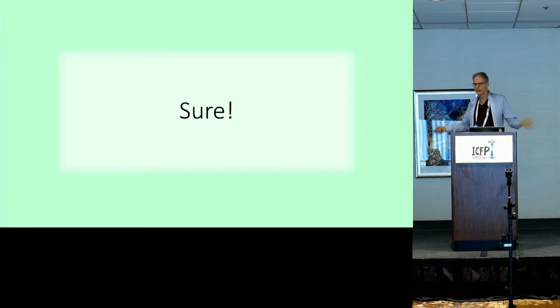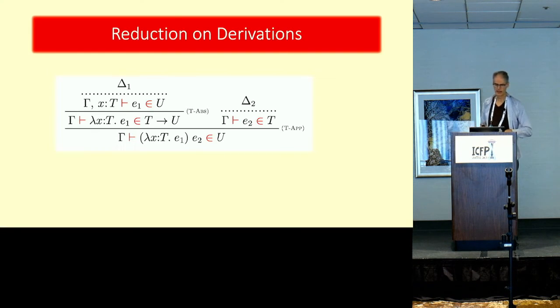So, what could it mean to reduce a typing derivation, or to compute or to execute a typing derivation? Well, it means this. It means that the computation rules, like the beta reduction rule, have on their left-hand side not an expression pattern, but a tree pattern, a tree with some holes in it. So here is the left-hand side of the beta reduction rule.